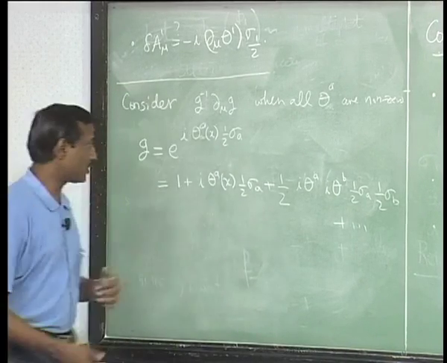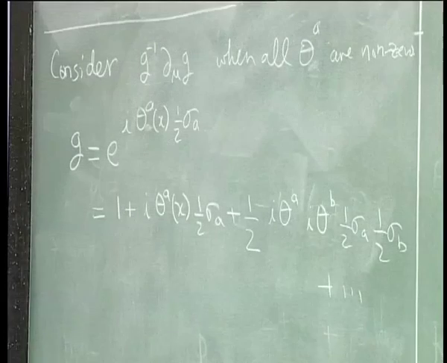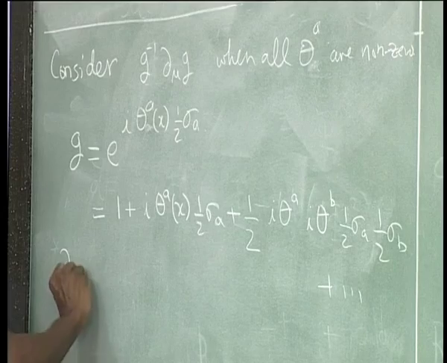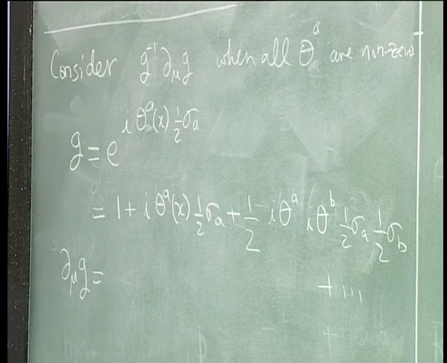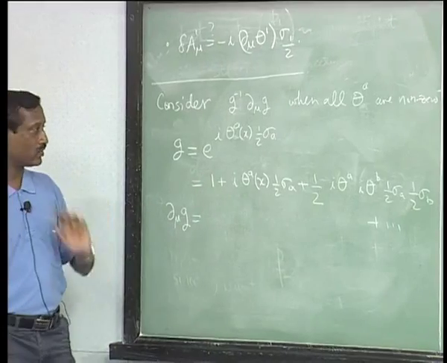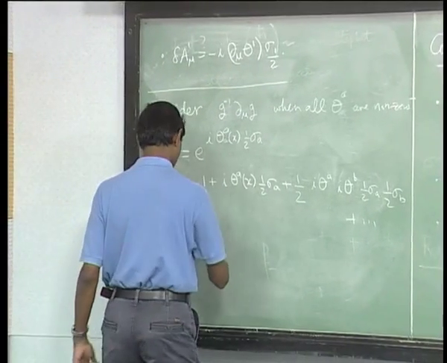Okay. So, now let us take the derivative of this with respect to x. So, the first term of course will look exactly like what we wrote out here, but the next I want to keep track of the second order piece as well. Okay.